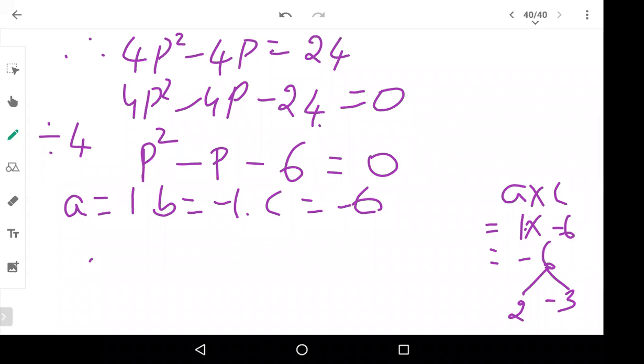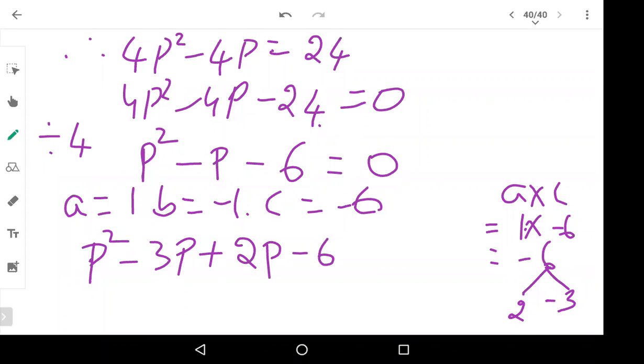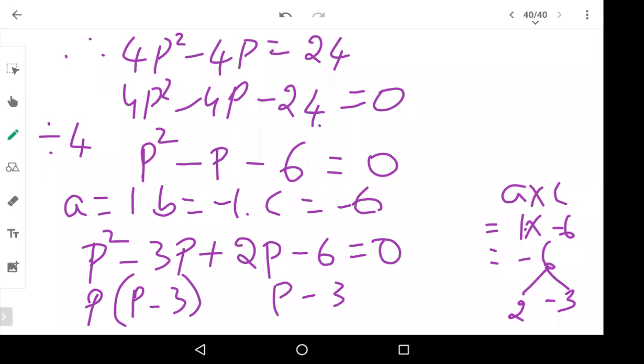So what will be the equation? P square minus 3P plus 2P minus 6 is equal to 0. So from the first two terms I can take P common, P minus 3. Here also P minus 3. So I can keep 2 as common outside: plus 2.